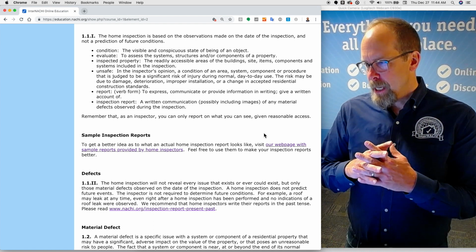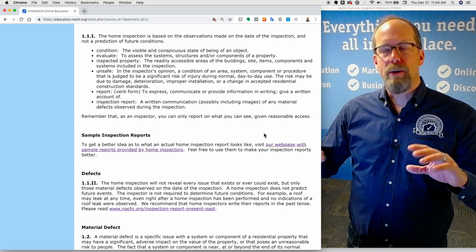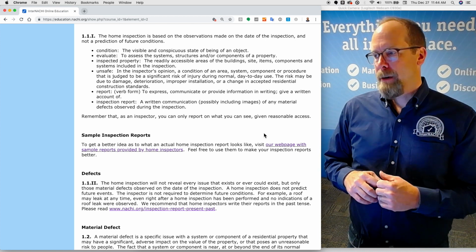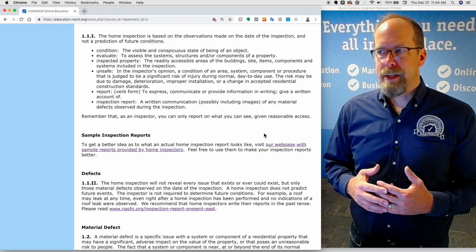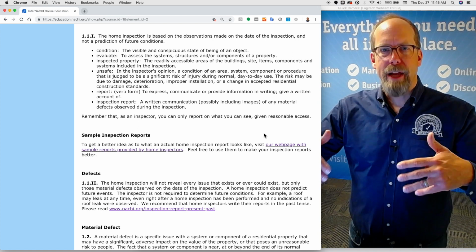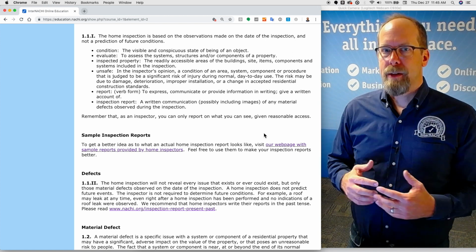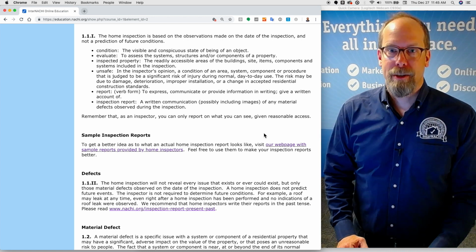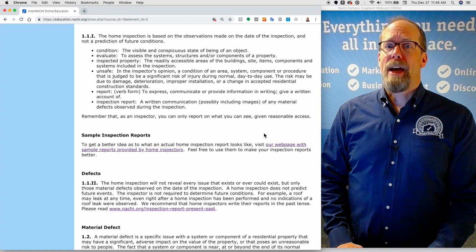Where the deck is attached to the house, it's called the ledger board, and there should be flashing properly installed at that ledger board. Well, there wasn't on this deck, and water got behind the ledger board and completely deteriorated the house structure to which this deck was attached. It was unsafe, in my opinion, to walk upon that deck.